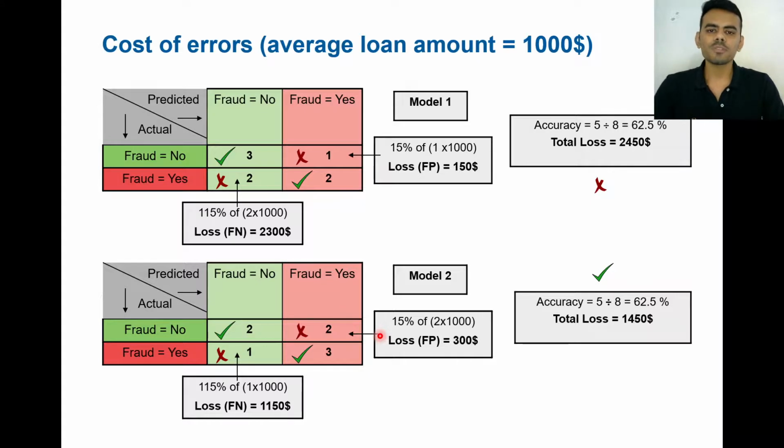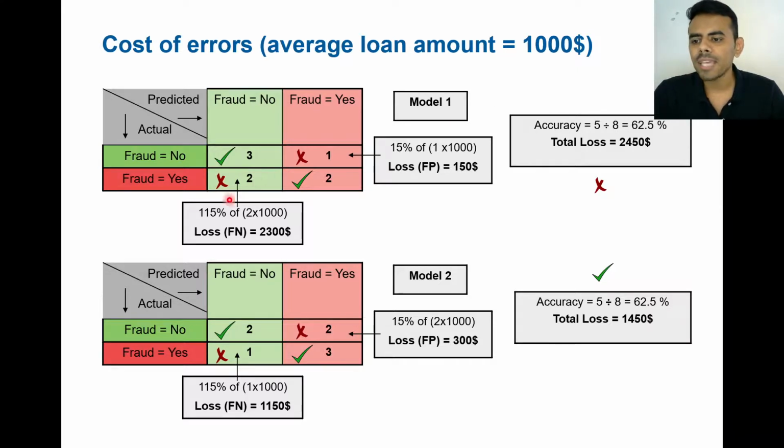Now let's put some hard numbers to get a mathematical number to signify how big that loss is. As you remember, there was one false positive in model 1, 15% of that, and we are assuming that the average loan amount is $1,000. Again, these are just dummy numbers to help you realize the mathematical part of the complexity.